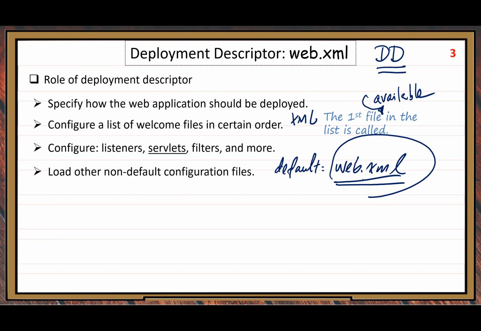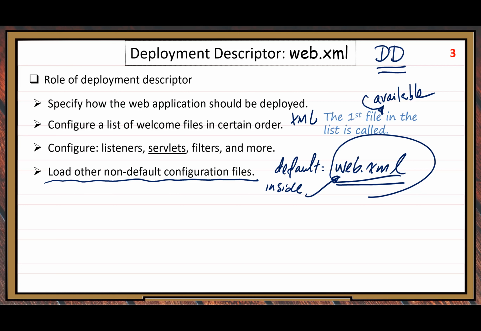Here, inside this web.xml, load other non-default. So inside web.xml, yeah, you need to use another XML element to load these, usually a list of .xml files. Configuration files are usually in XML format.